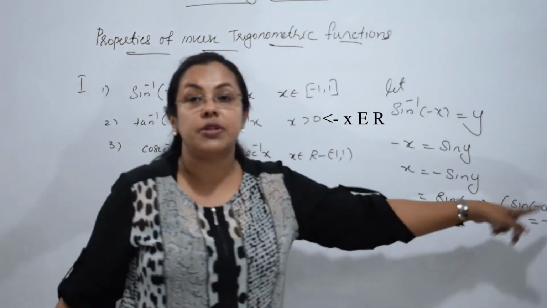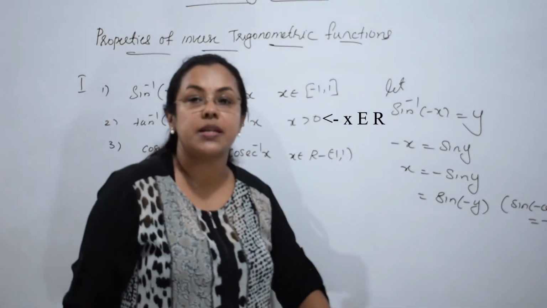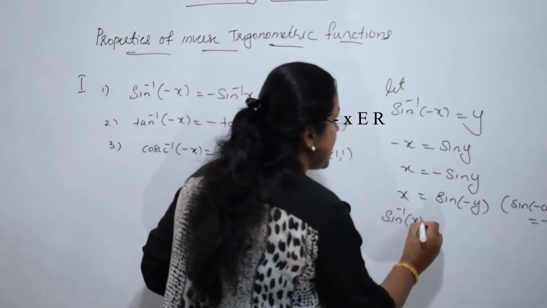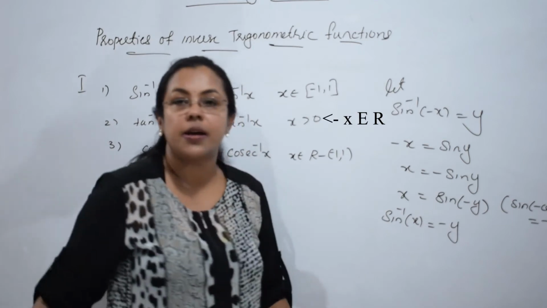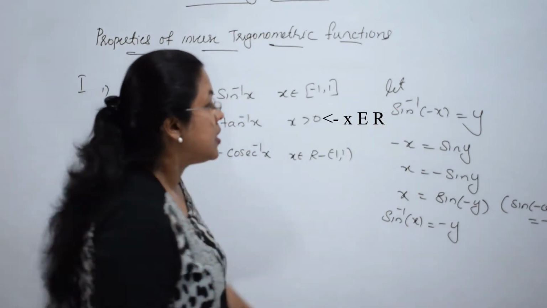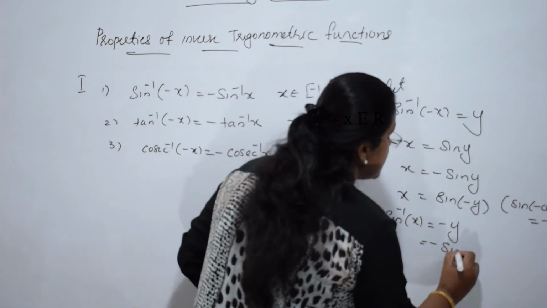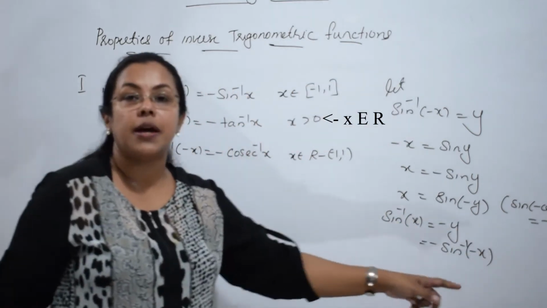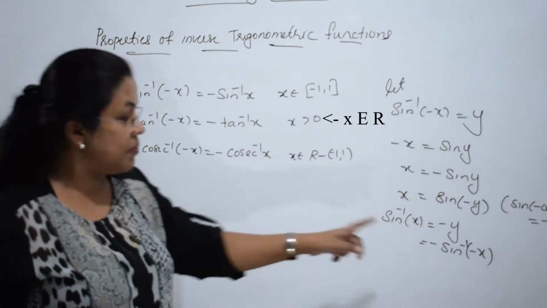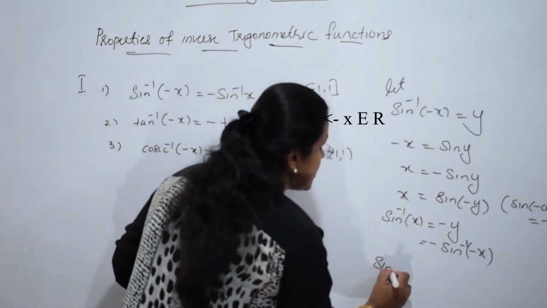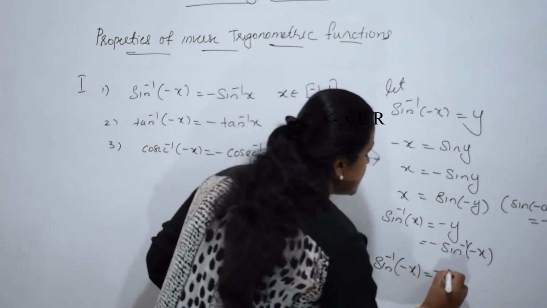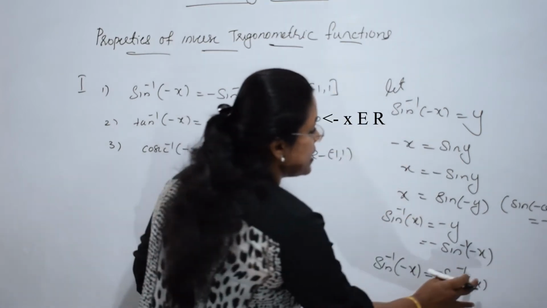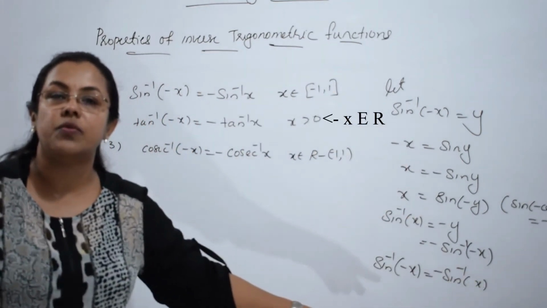Now taking inverses on both sides, we get sin inverse x is equal to minus y. What is y? Y is sin inverse minus x. Okay, again multiplying both sides by minus 1, we get sin inverse minus x is equal to minus sin inverse x.